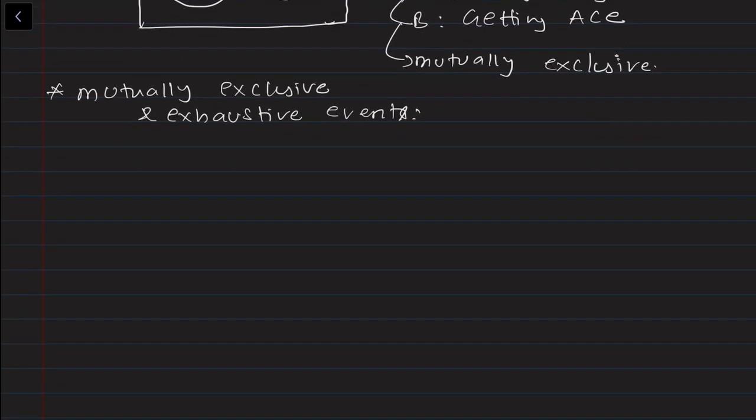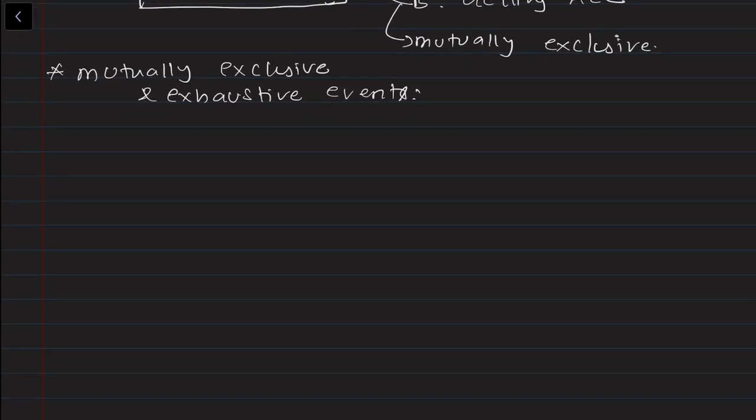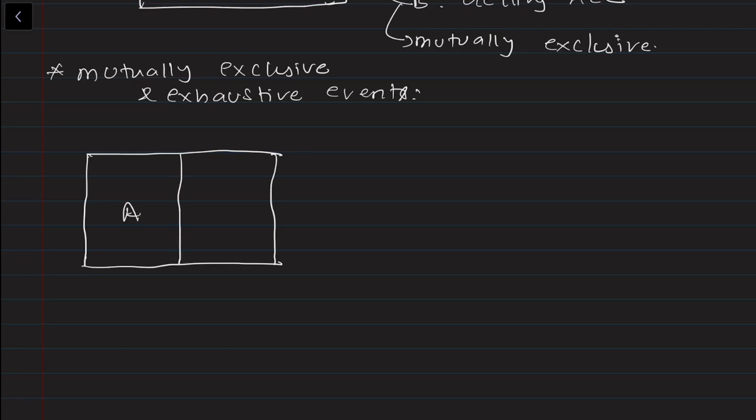Let's look at it from the diagram. This is the event A and this is B. These two are exclusive, right? Either A will occur or B will occur. There is nothing common in these two events. And these two events make up the sample space.